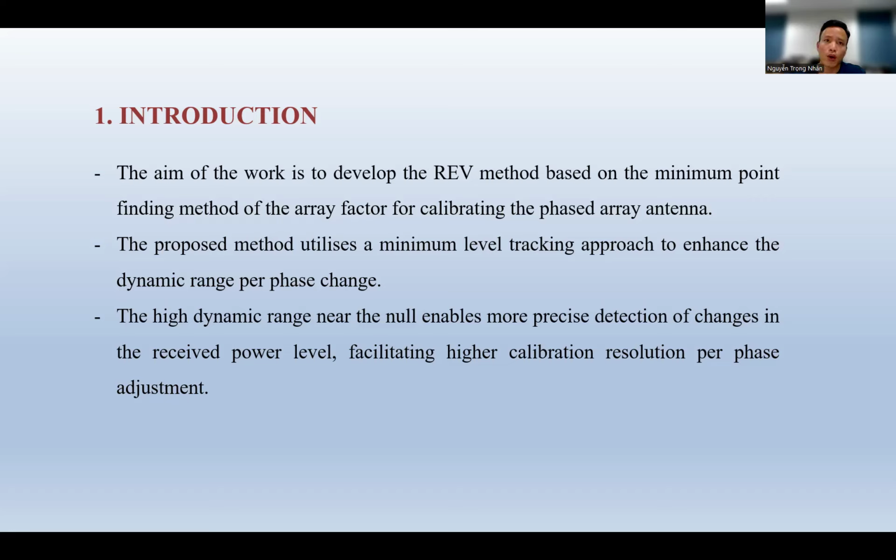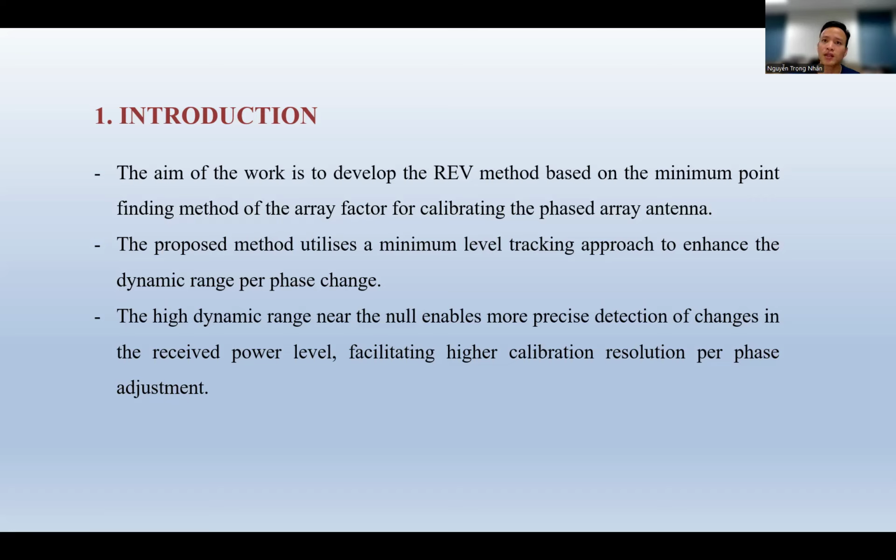However, the problem with the traditional REV method is the small dynamic gain with respect to the change in phase around the maximum received power. The system cannot find the correct phase calibration values due to a small power resolution near the maximum point of the combined electric field vectors, which causes calibration errors.